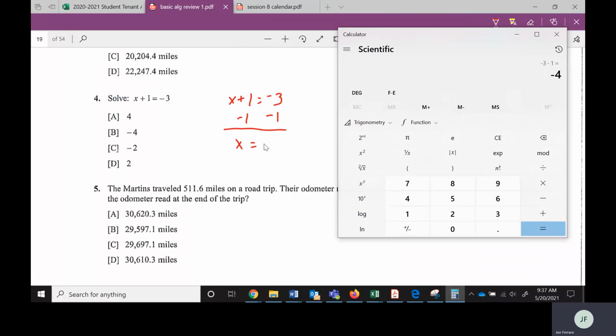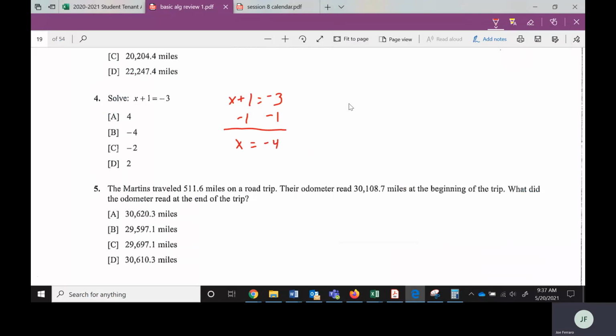You could also rewrite it over here and say -3 minus 1 and, if you remember your rules, minus a positive is the same as plus a negative. So we have 3 negatives and 1 more negative. That's -4. However you need to get to the answer, -3 minus 1 is -4.